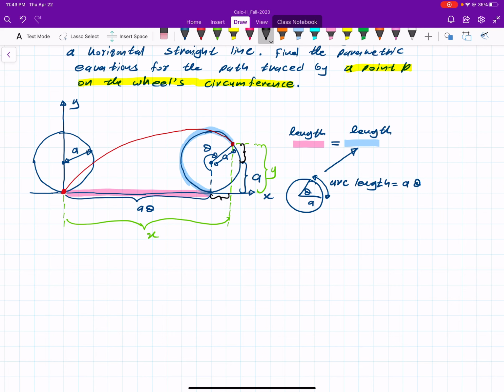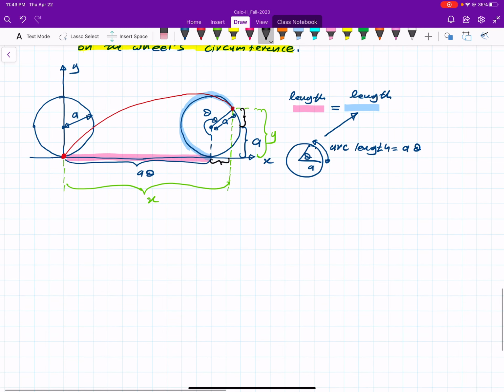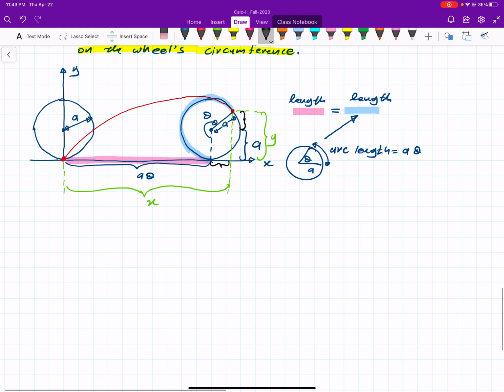These black color displacements can be given like this. Let me draw this circle again right here.